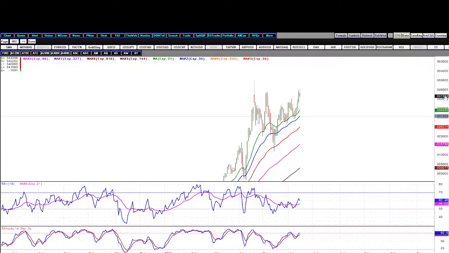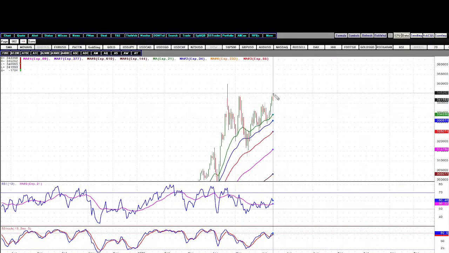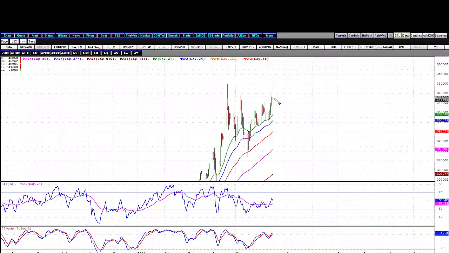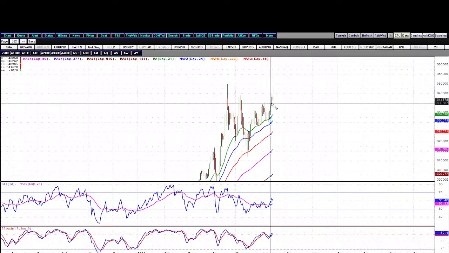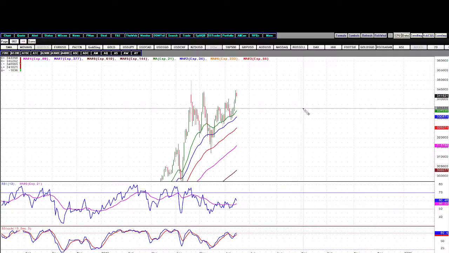What we are seeing now is a congestion or range on the daily, which means that today, as long as price is below 3452, we expect this market to be in a corrective or congestion mode, and the downside we are looking for is 3400 and 3380.